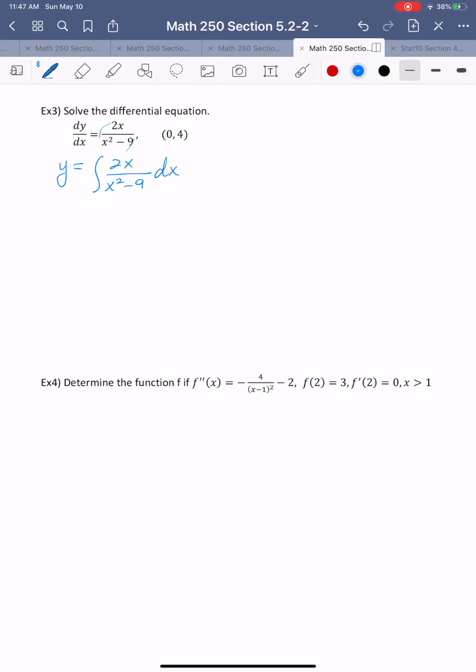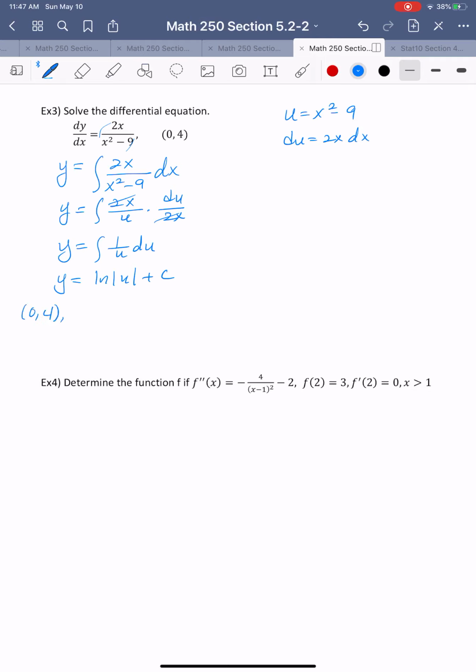Now I want to use substitution. So u is x squared minus 9, du is 2x dx. So y equals the integral of 2x over u, but dx is now du over 2x. So 2x cancels out, you get 1 over u du, which is ln u plus c. Now use the given point.